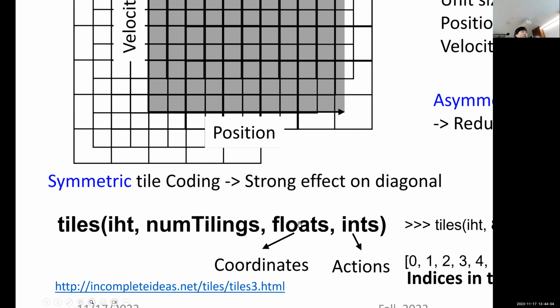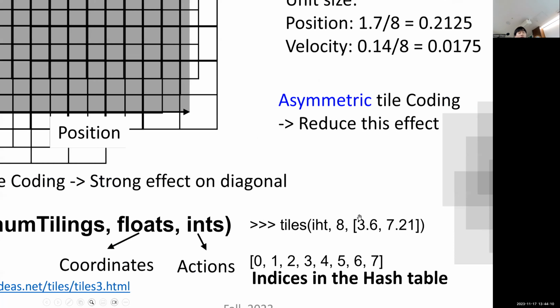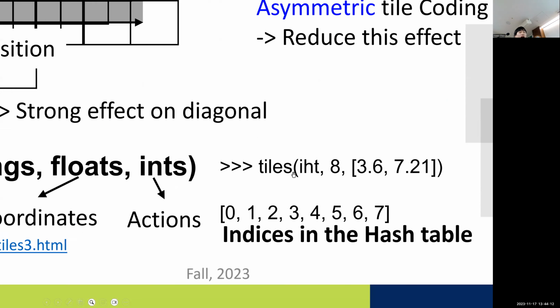So they directly use the names of the types, floats and ints. When we call this function, tiles, we give it an object of the hash table class. This object is the hash table, which represents a memory space. We build a hash table there already. Then we give the number of tilings, then the coordinates.